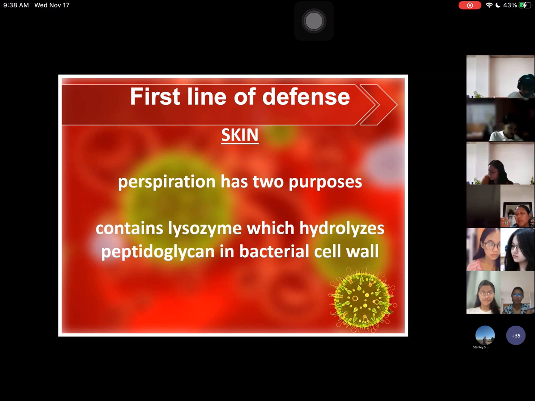In our saliva, we also have lysozymes that kill or destroy pathogens, and then we have it in our perspiration or sweat.